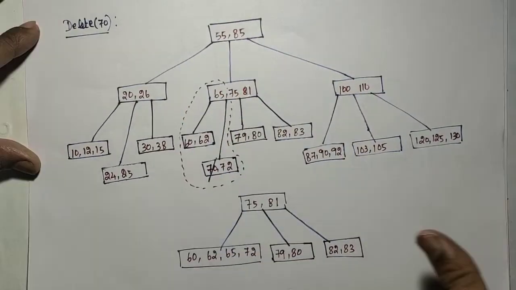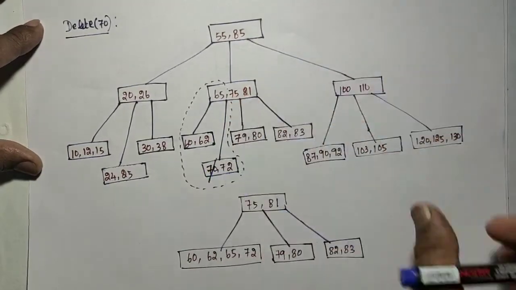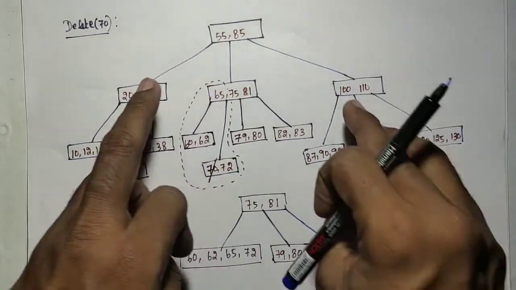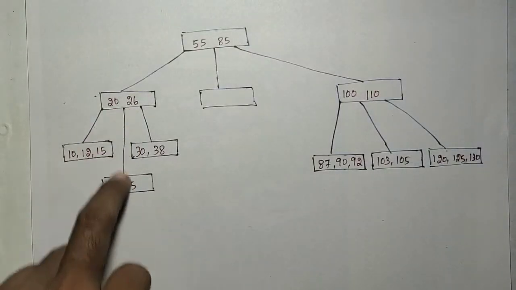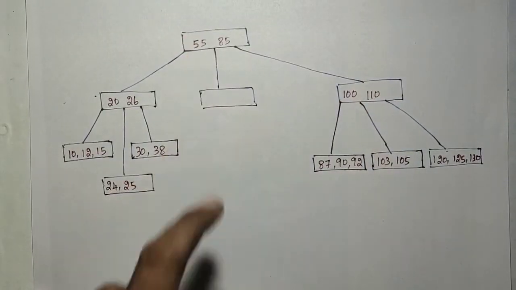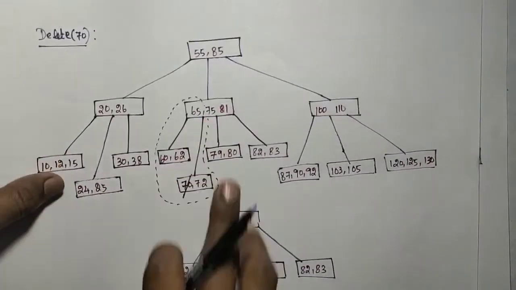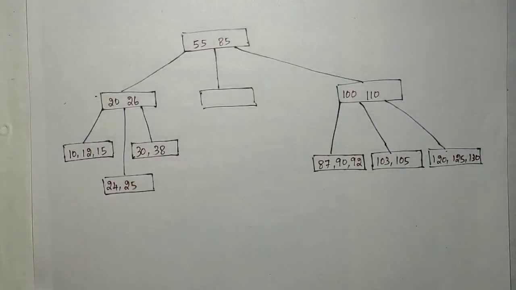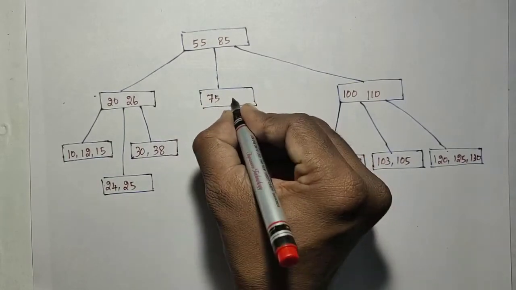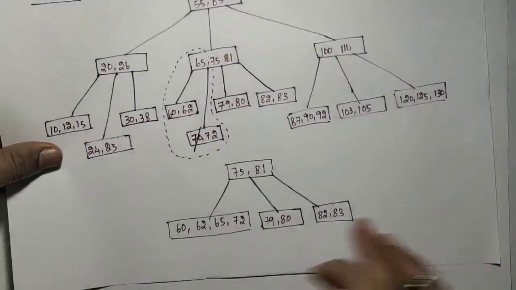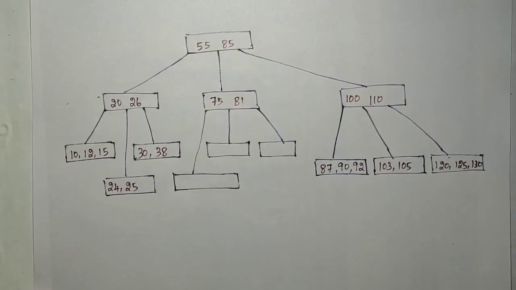Okay, so after substituting this here, there is no change in these two branches. We can keep these two branches as they are for this tree. Now this is 75 and 81. So three branches, and that needs to be substituted here.